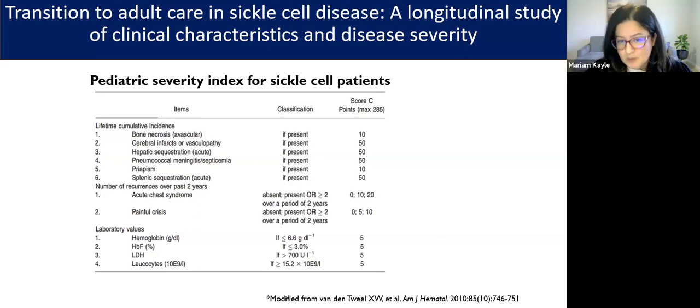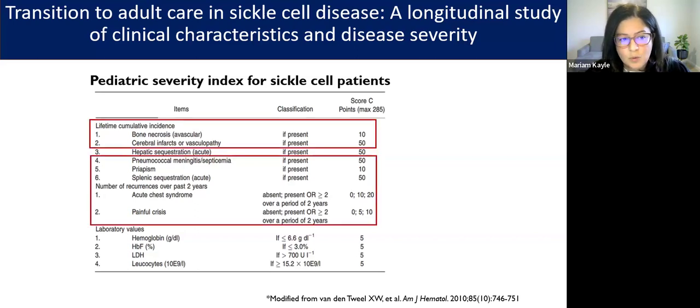We did not have access to all of these data in the electronic health records, so we focused on the complications of sickle cell disease, whether or not they had necrosis, cerebral infarcts, some of the common complications. Some of them were present or not present, so a binary variable, and others were a certain number of events that occurred over a period of 2 years.